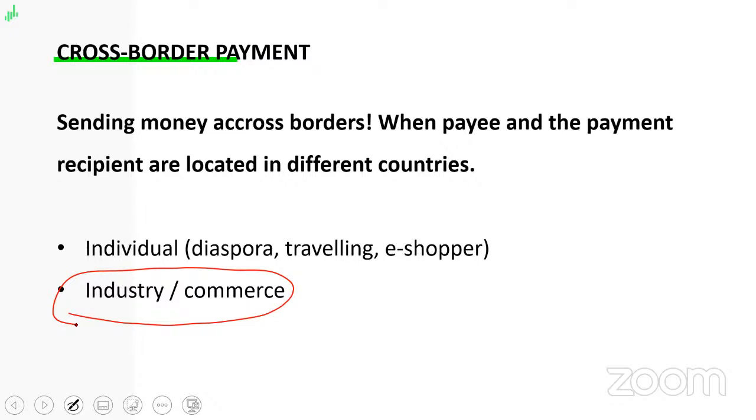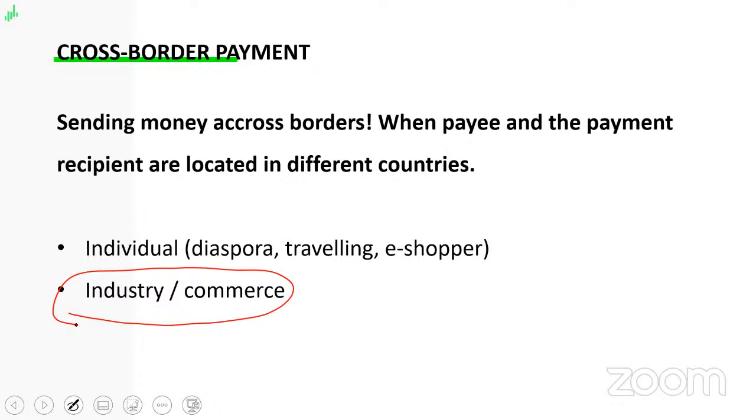For example, when you travel, let's say you have a card from a French bank, you go to Bulgaria, you withdraw money at the ATM, boom, you just made a cross-border payment because your bank is in France, euros have been withdrawn, but they have been exchanged for leva and you have withdrawn leva.